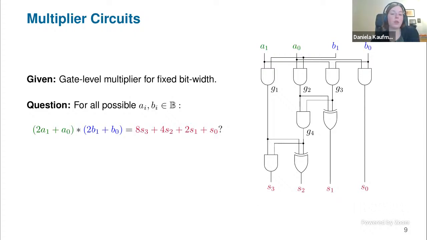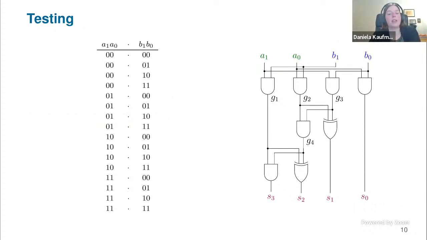So how can we do that? The first idea would simply be, okay, let's test all possible combinations. But already for these 2-bit multipliers, we need 16 test cases. Here on the left, you see all these possible combinations.